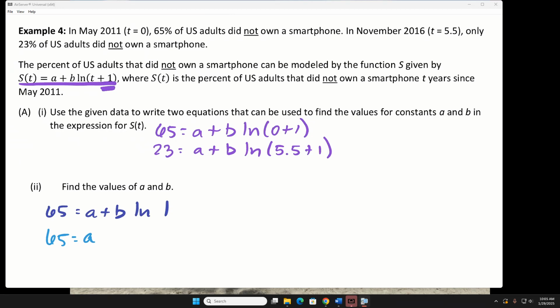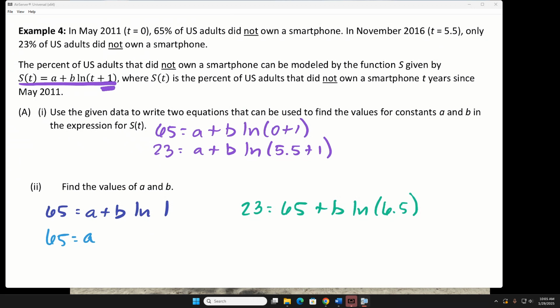So we're trusting the fact that you know that this whole side is just going to be 0. Okay, then we're going to take that 65 and put it in for a. And we're going to solve this for b. We're not going to type in the natural log of 6.5 until the very last step.